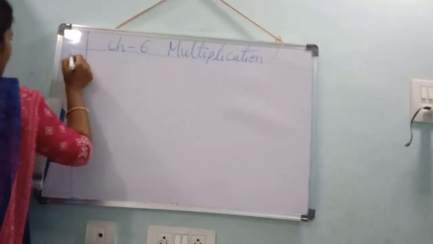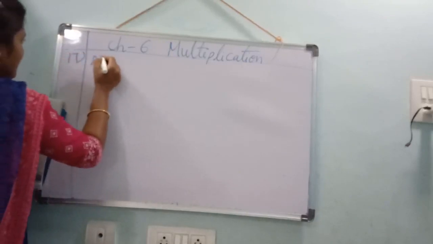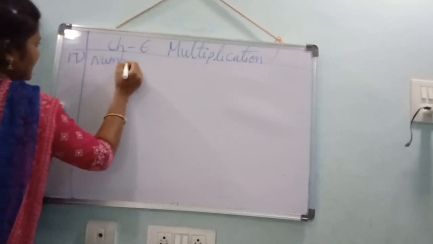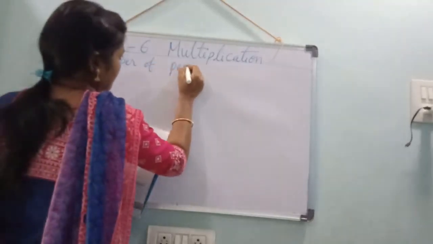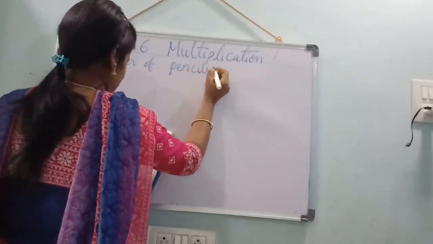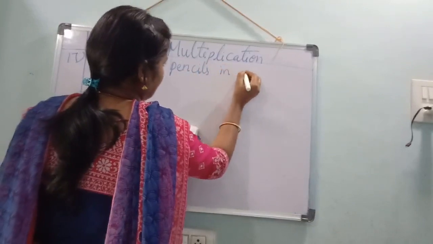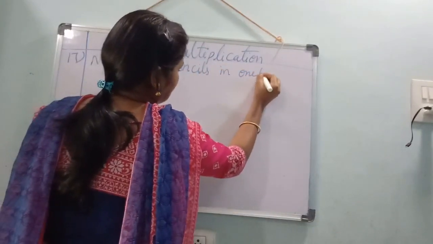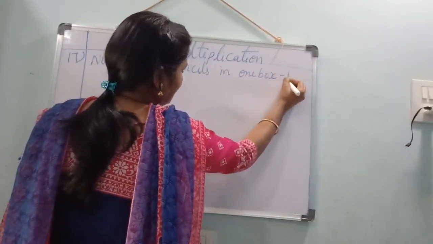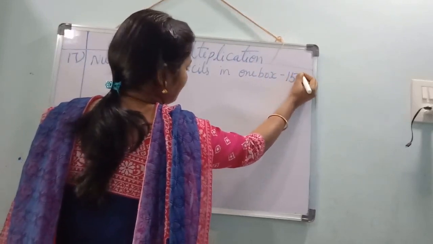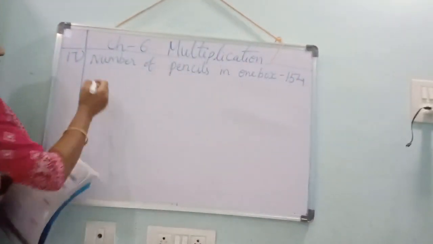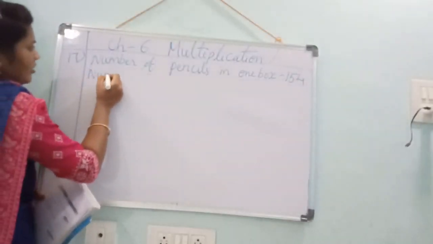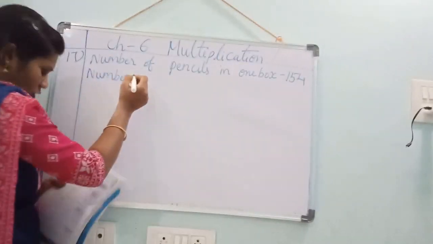See, 17th one. Number of pencils in one box. How many pencils in one box? 154 pencils in one box. Number of boxes. How many boxes here? 4 boxes.